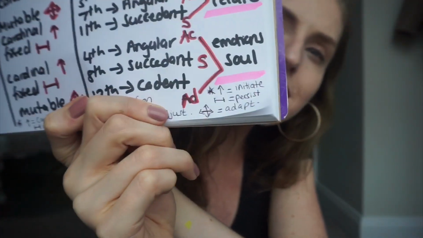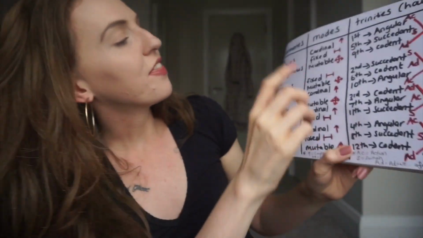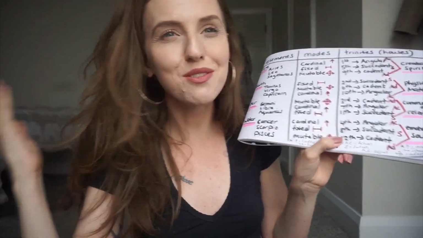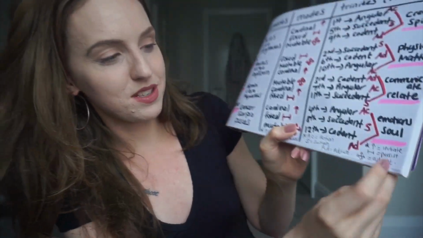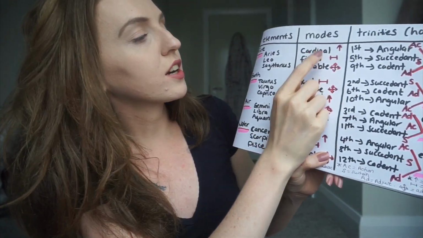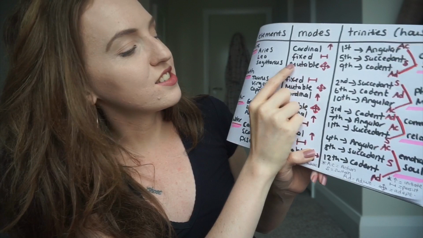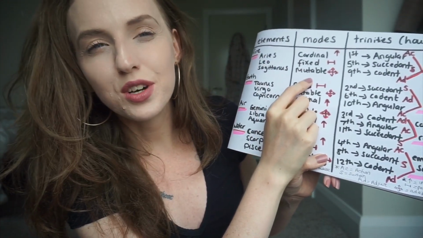Maybe I should just show you guys. Oh, yes, okay. And then with mutable, I've done all arrows, like which way, which direction are we going? That's why in the thumbnail for my mutable signs video, I was like, which way are we going here? And I put that as adapt. So initiate, cardinal, persist, fixed, and adapt for mutable.